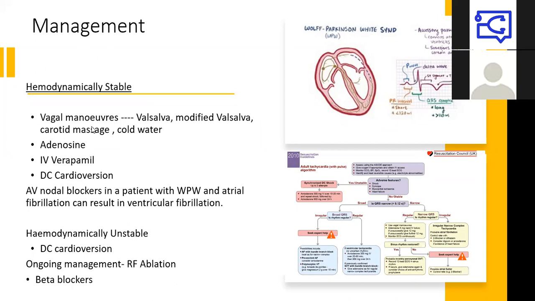Now, adenosine, remember, will cause dilatation of the coronaries, but it's an AV node blocker, stopping the conduction of the electrical activity from the atria down to the ventricles. Now, with adenosine, you need to have a good sized cannula. You need something at least a pink, really.